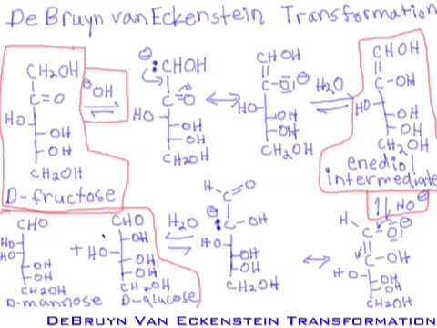So what I've circled in red is what you need to know and be able to draw. It is this that goes on and produces the CO2 minus, and hence in the oxidizing process you would get a CO2 minus at the top of D-mannose or a CO2 minus at the top of D-glucose. The D-fructose itself does not get oxidized. It is only when it converts to D-mannose and D-glucose.